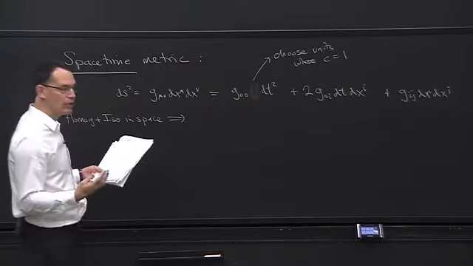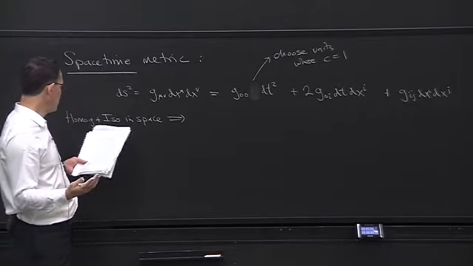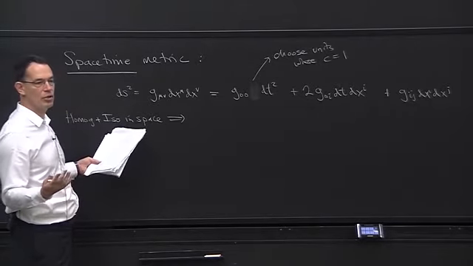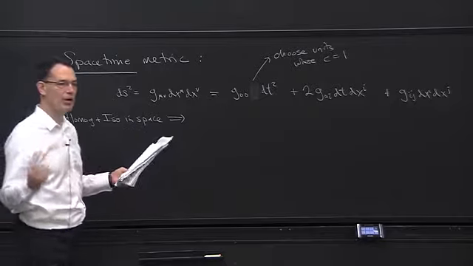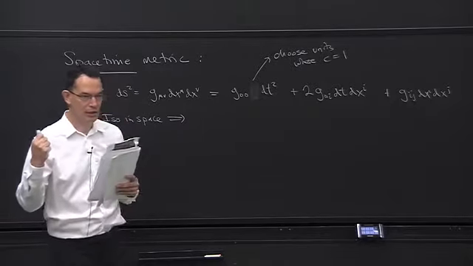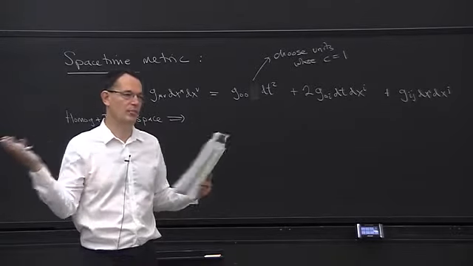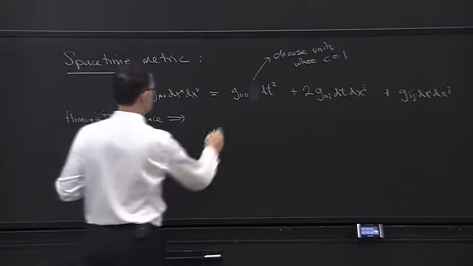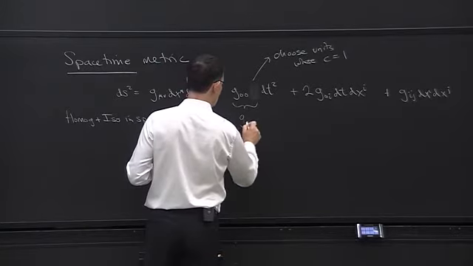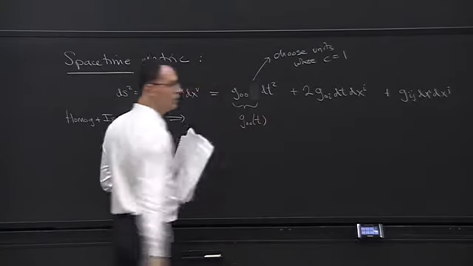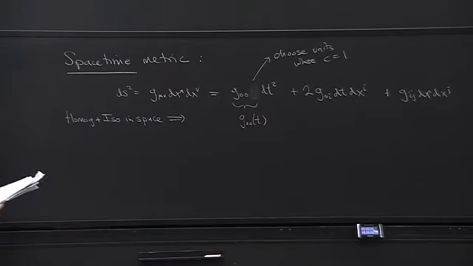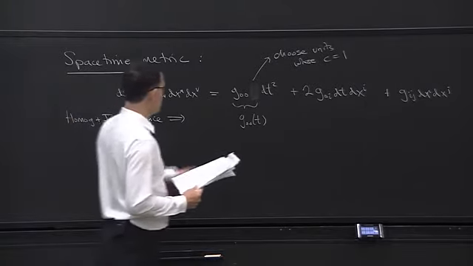G naught naught is a function of t and x, but it's supposed to be homogeneous and isotropic. A scalar function of space, which is translation invariant and rotation invariant, has to be a constant. So in other words, G naught naught has to only be a function of t. Homogeneity and isotropy implies that G0 is only a function of t.